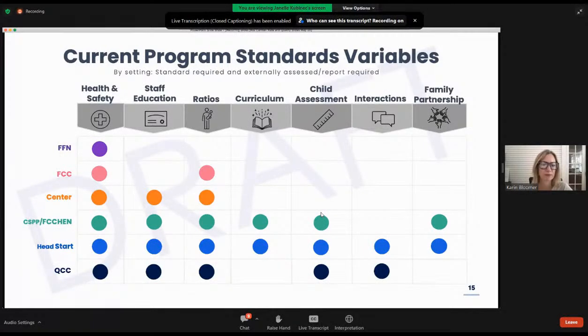Please go ahead. I wanted to respond to what Donna said about making sure that there's equity in measurement for whatever we pick.